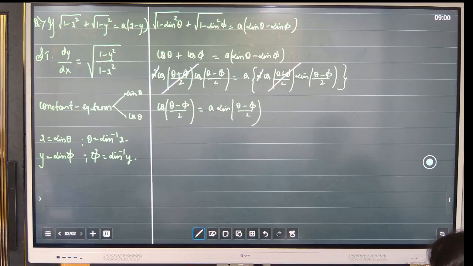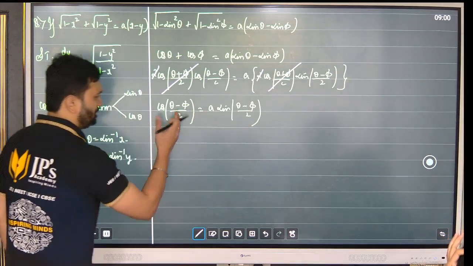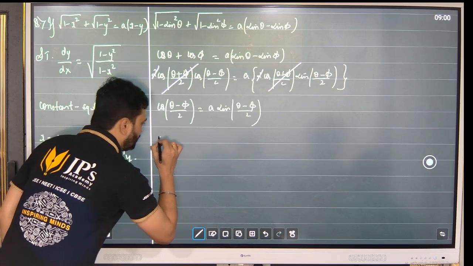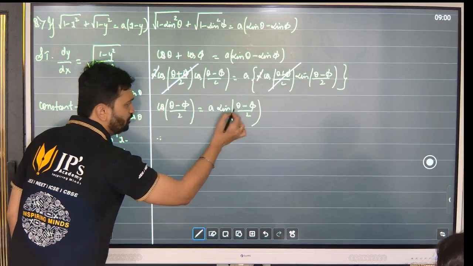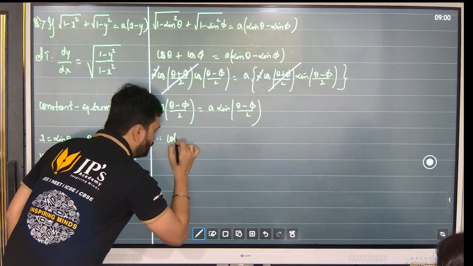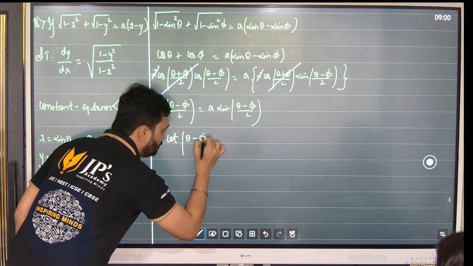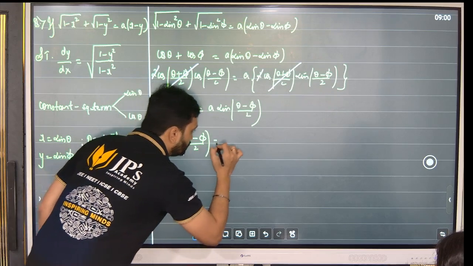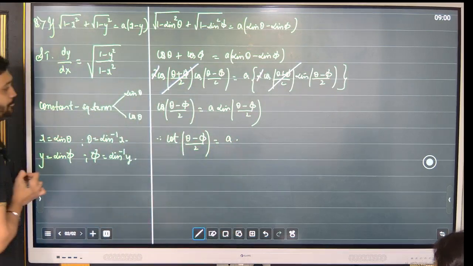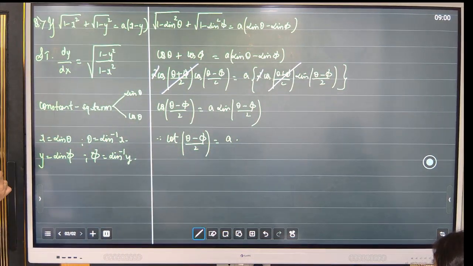So in other words, I take this denominator, since the angle is the same. I'll get cos of theta minus phi by 2 upon sine of theta minus phi by 2, which will become cot of theta minus phi by 2 is equal to a.